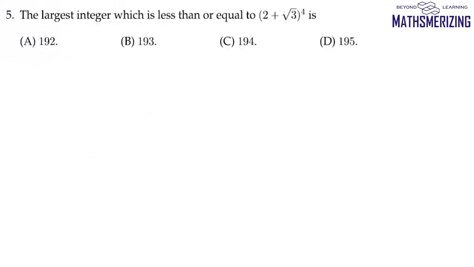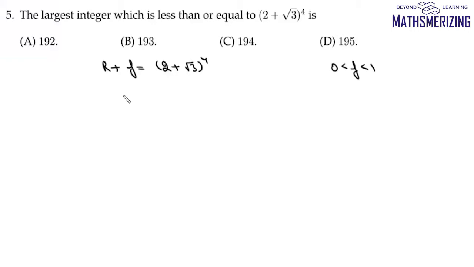Now question number 5 is, the largest integer which is less than or equal to (2 plus root 3) to the power 4 is. Now what we'll do is we'll express (2 plus root 3) to the power 4 as its integer part plus its fractional part. So we'll write r plus f as (2 plus root 3) to the power 4, where the value of f lies between 0 and 1.